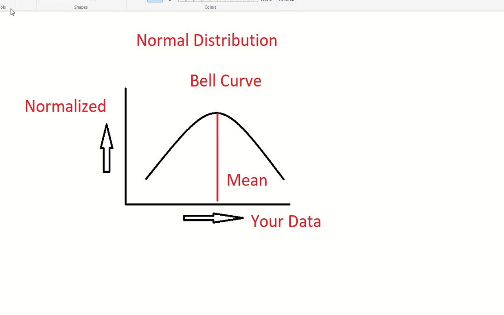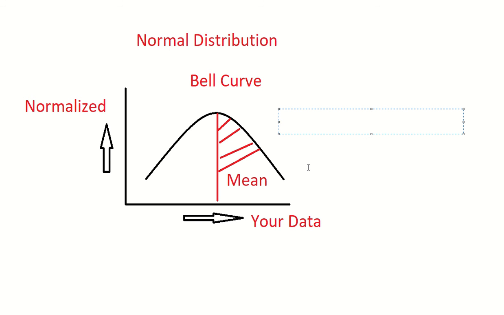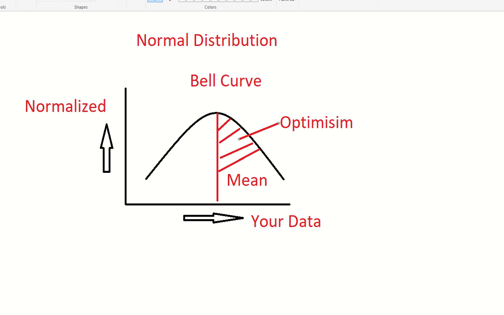The extreme right of this bell curve represents very high optimism, whereas the left side of the mean would represent pessimism.